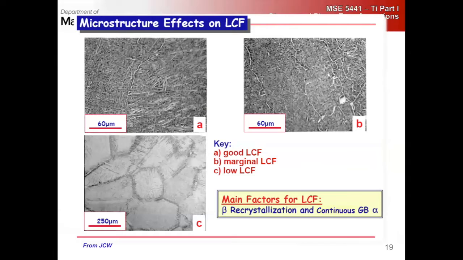But really, it's going to be the beta recrystallization, the beta grain size, the amount of continuous grain boundary alpha, right? So if you have these large prior beta grains with a well-developed colony or basket weave structure, you're going to be much better than if you have finer prior beta grains, because this prior grain boundary network becomes a short circuit path.